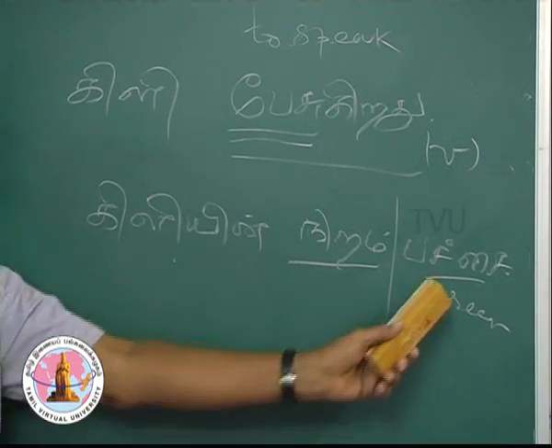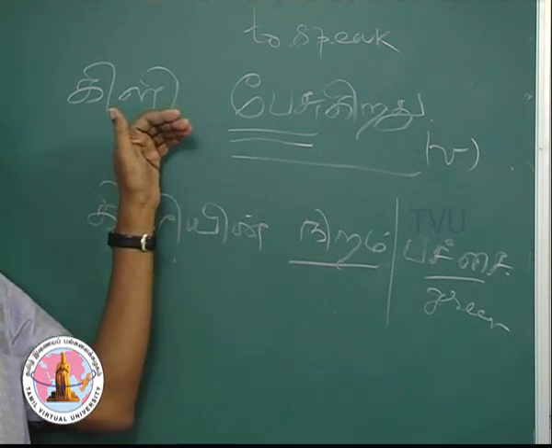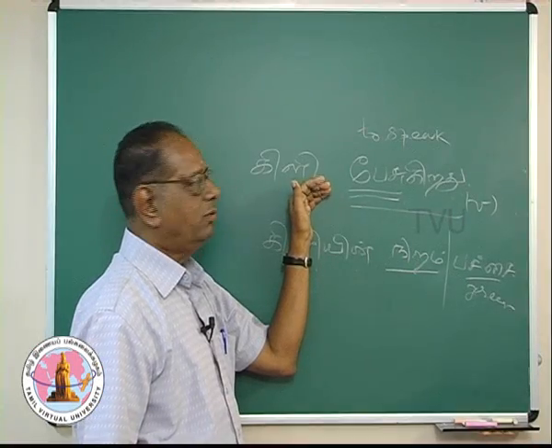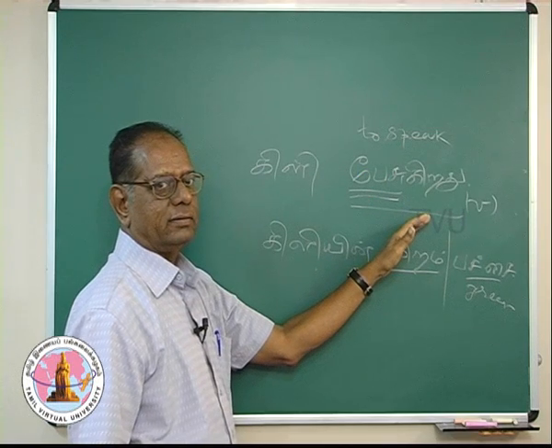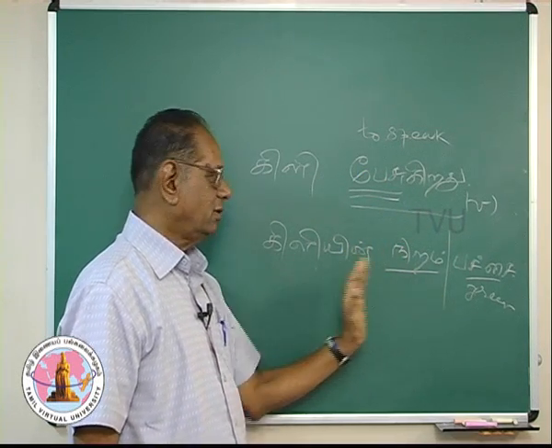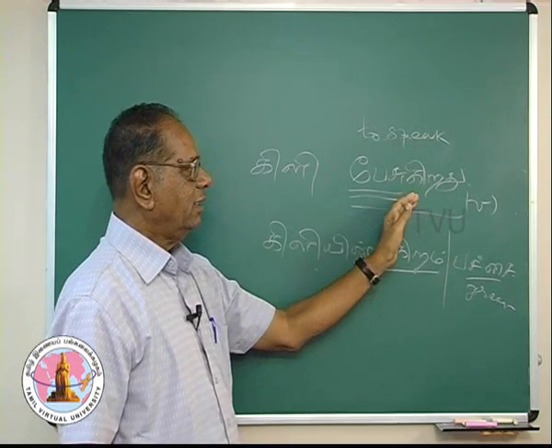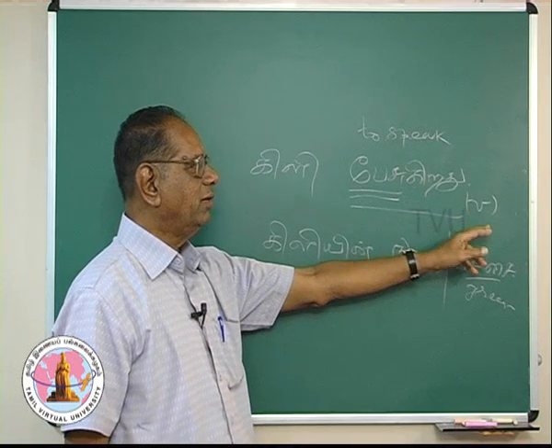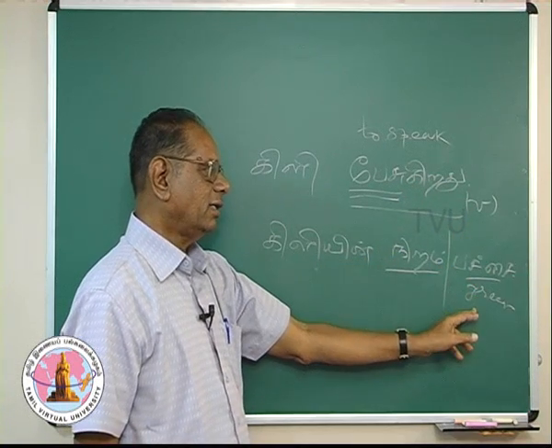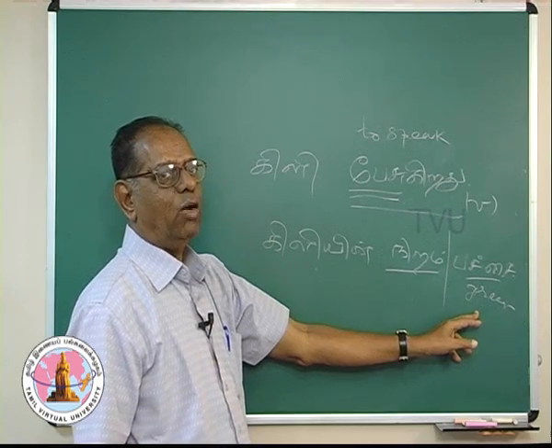So color, it's a noun. This is a complete sentence with a subject and a predicate. And here the predicate happens to be a verb, and here the predicate happens to be a color, a noun.